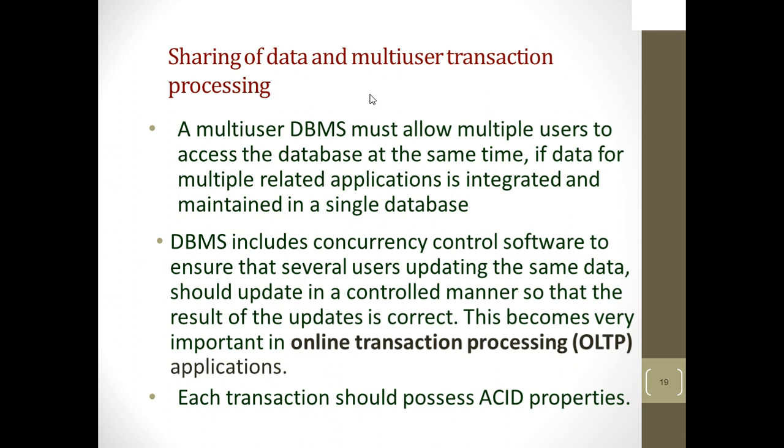Now, concurrency control means several users might want to access the same data. So John's address might be updated by more than one person at a time. And all this should take place in the right manner so that the result is finally correct. So the transaction should have ACID properties. This will be seen in further chapters.